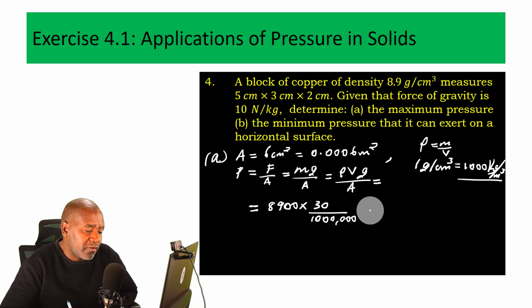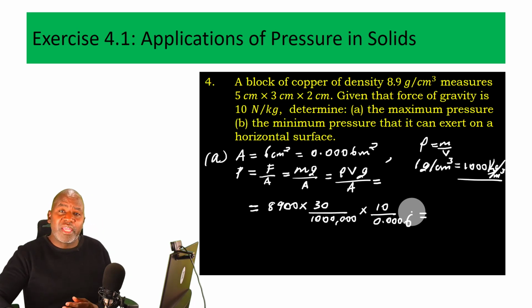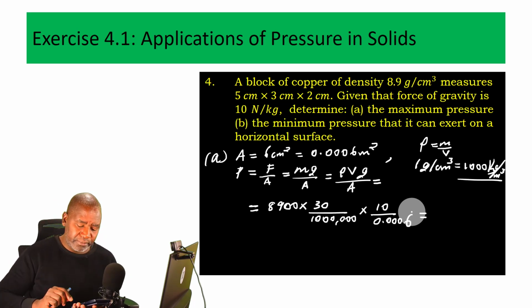That takes care of V. G is of course 10. A, I already have it. It was 0.0006. And this will give me the maximum pressure directly.